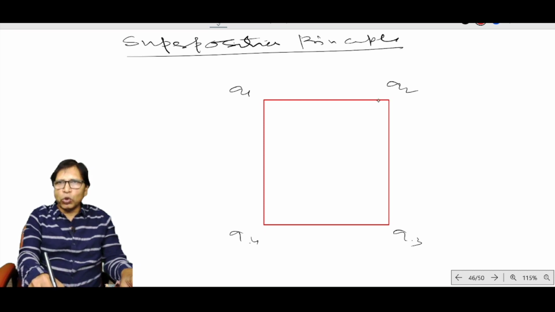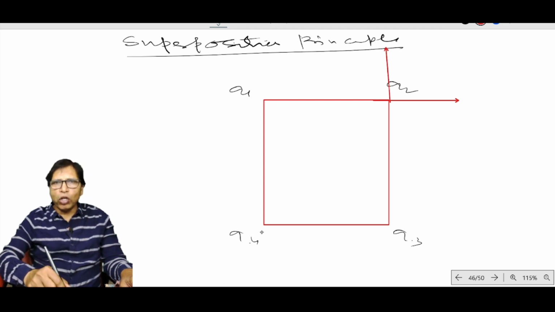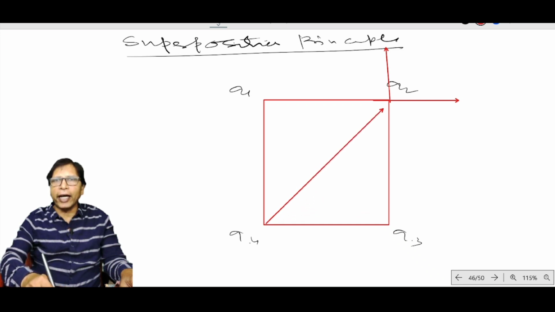The force on Q2 due to Q1 is directed along this direction. The force on Q2 due to Q3 is directed along this direction. And the force on Q2 due to Q4 is directed along this direction.